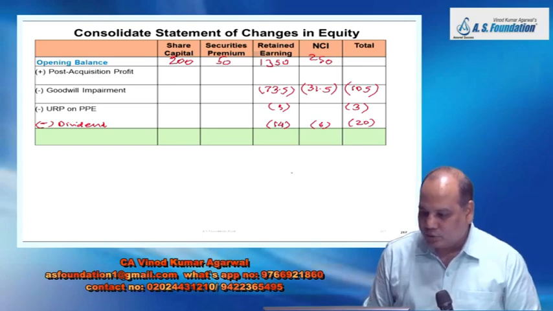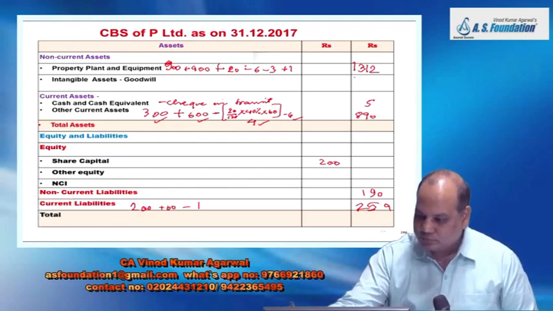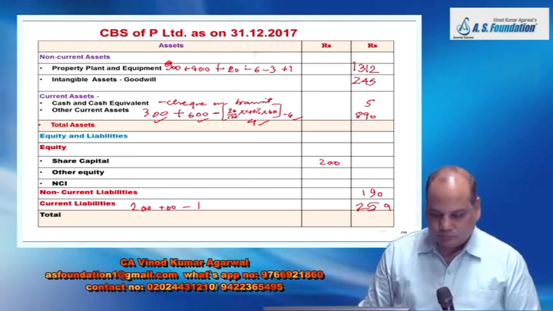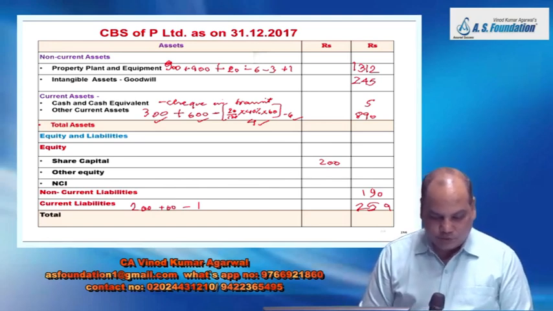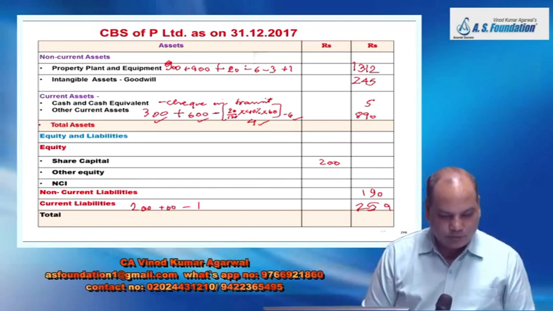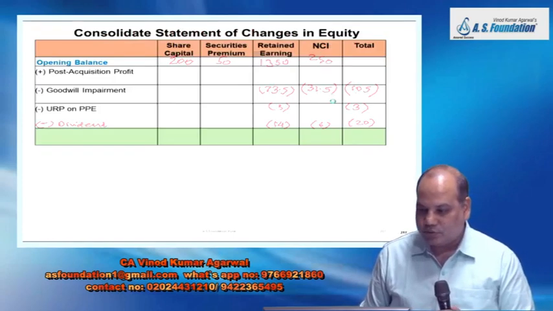Now wait a minute. Goodwill in the SOFP, that is balance sheet. How much goodwill you will write? 245. Okay. So now all adjustment to my understanding is over. Let us come to profit and loss.